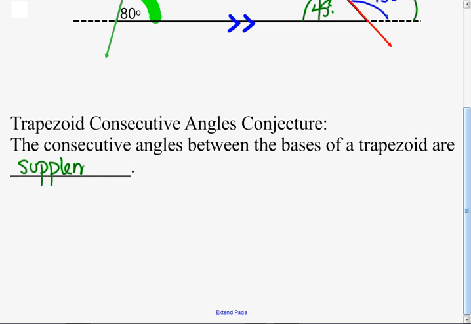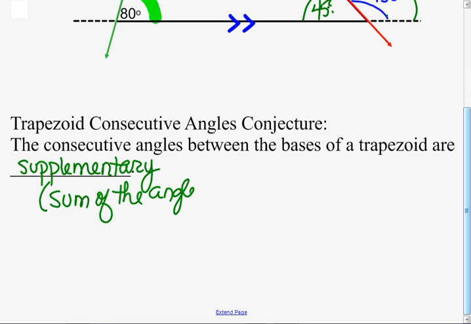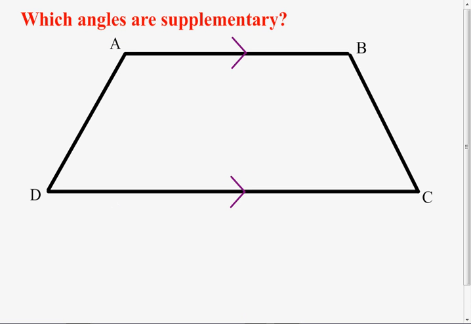And in case you forget what supplementary means, the sum of those angles is 180 degrees. So which angles are supplementary here? I'm looking at consecutive angles, and it has to be base angles.